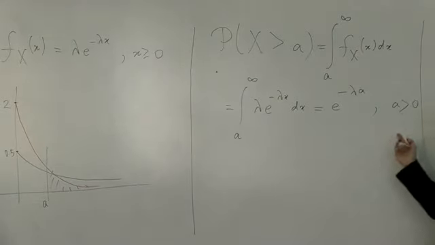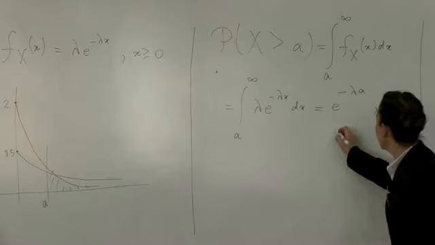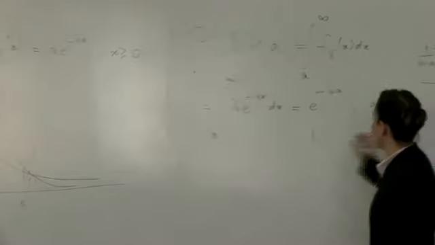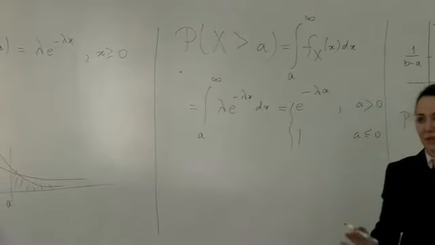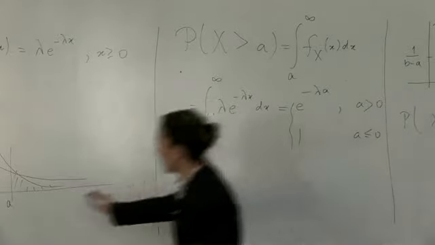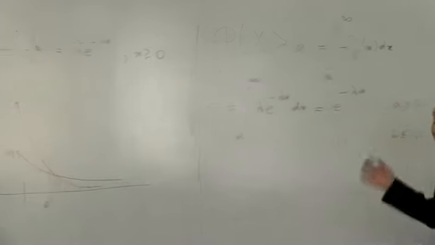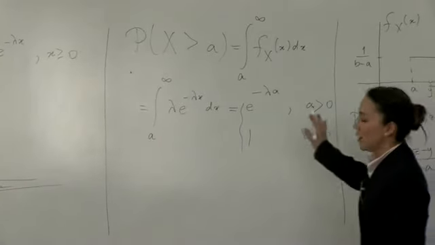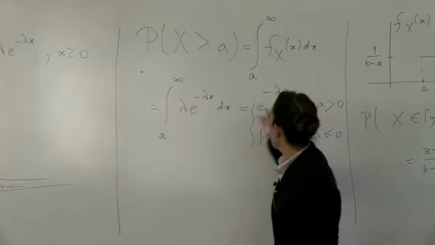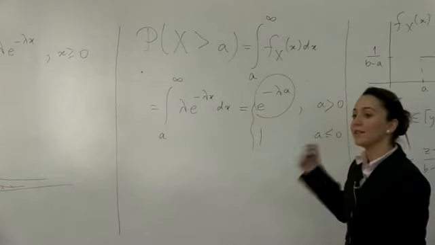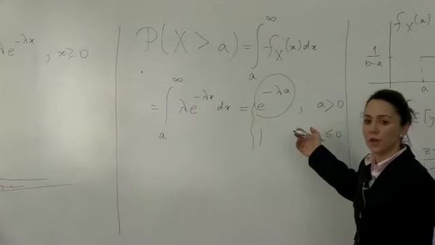If a is negative, what do you get? You would get 1 if a is less than or equal to 0, because then you are integrating the whole PDF. Now, I like to know exactly this. This is how I define an exponential random variable.